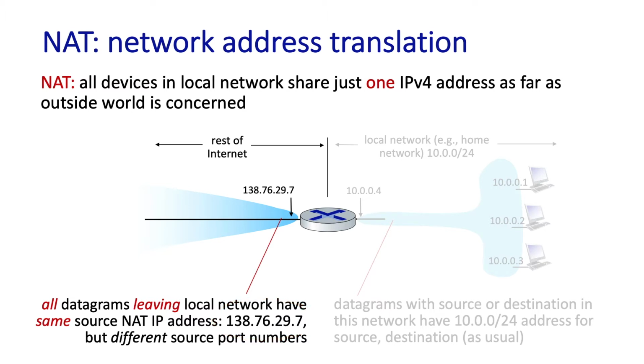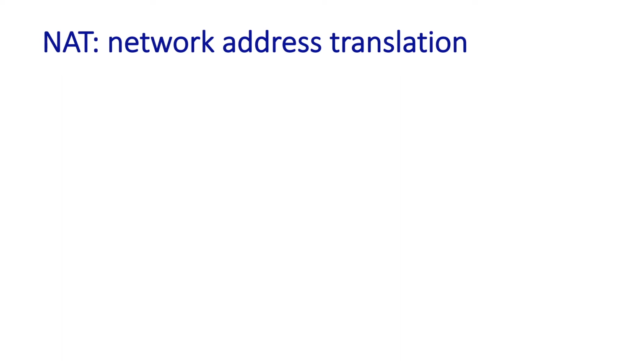The source port numbers of these outgoing datagrams will be remapped, as we'll see. The implementation and management of this translation is performed by this router here, which is referred to as a NATed router, a NAT router, or sometimes just as a NAT box.